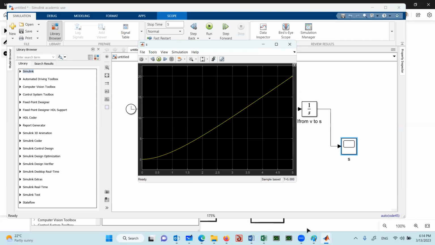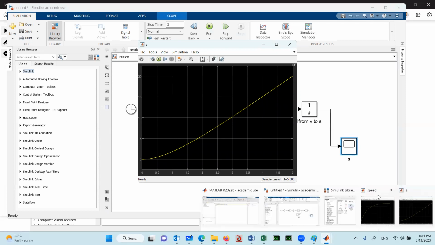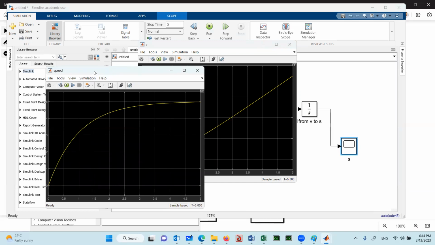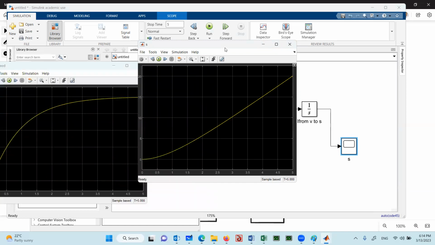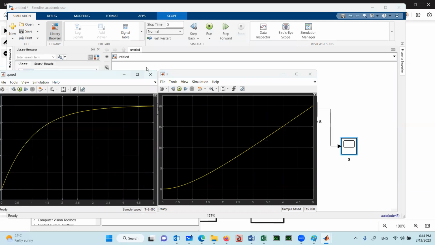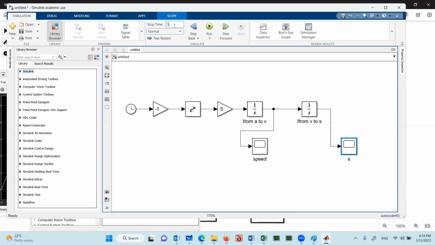Here you can have them near to each other. So every time you come here and set a new time, make it 20, for example, and then ask it to run.